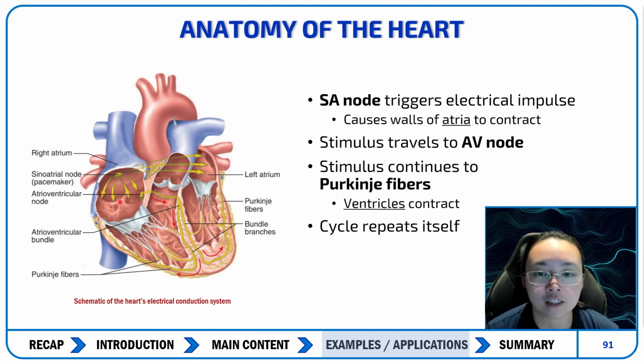The stimulus is going to travel to the AV node, and then the stimulus is going to continue to the Purkinje fibers, and the ventricles are going to contract. The cycle is then going to repeat itself, so you have an electrical impulse that's transferred over to the ventricles to cause a contraction over and over again.